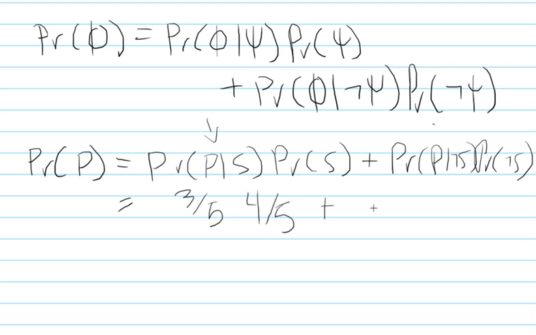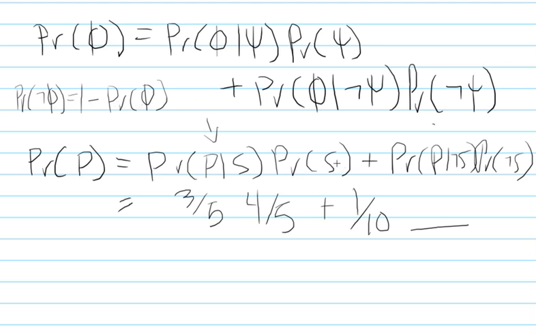And we're given the probability of him passing if he doesn't study, which is much smaller, 1 over 10. We're not directly given the probability of him not studying, but recall the rule for negation: the probability of the negation of a sentence equals 1 minus the probability of that sentence.